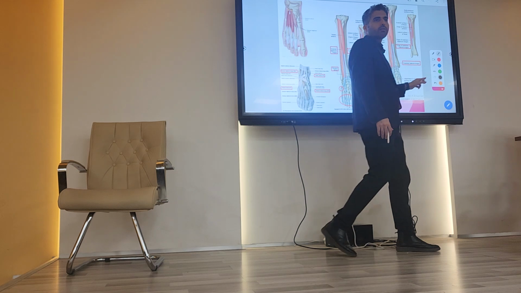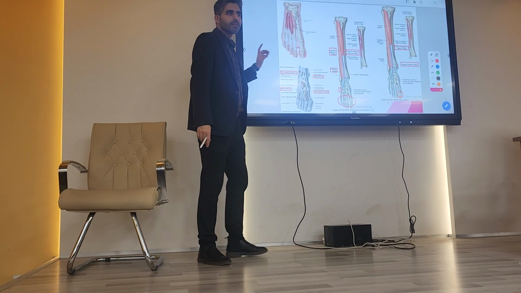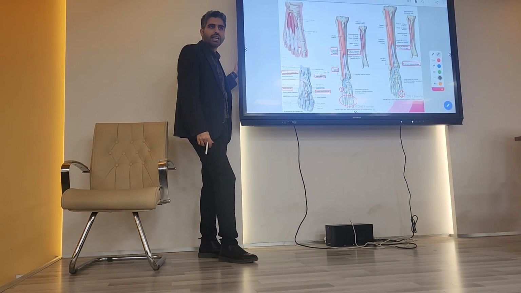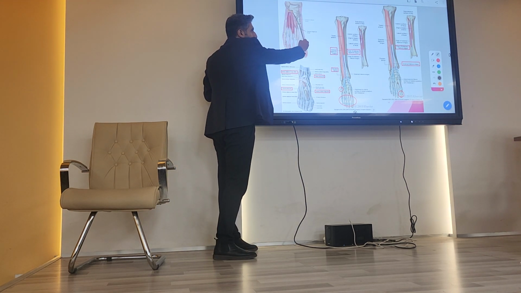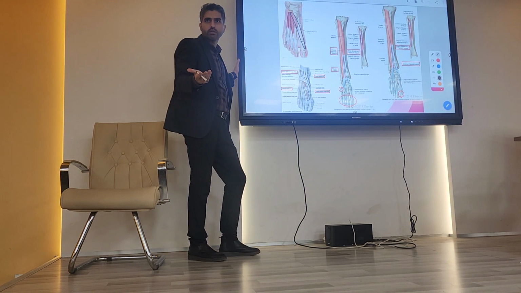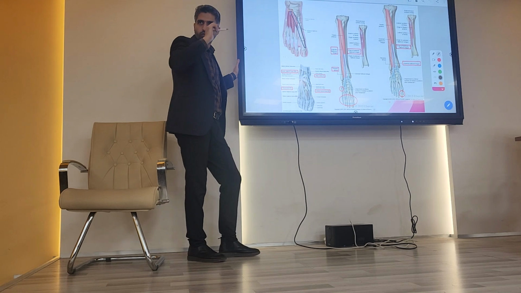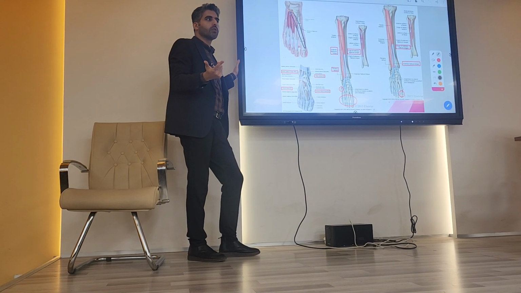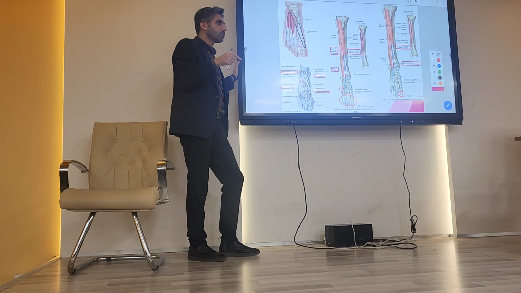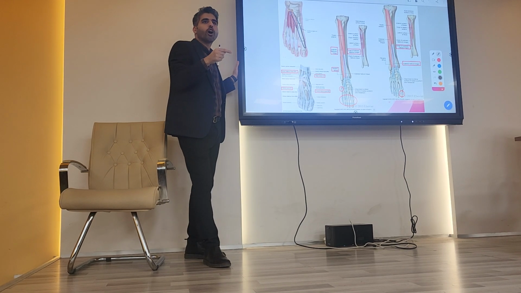So what happened here? This one muscle, extensor digitorum brevis, has one part attached to the great toe. We have this rule: if a muscle is attached to the great toe, you should say hallucis.